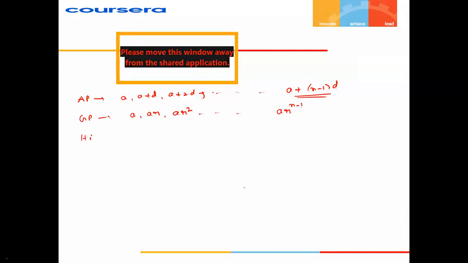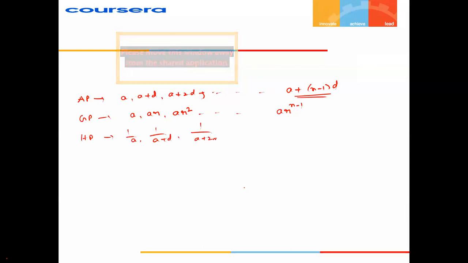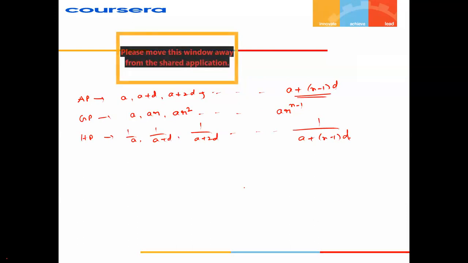Harmonic progression is 1 by A, 1 by A plus D, 1 by A plus 2D, up to 1 by A plus n minus 1 into D. The only thing is, first we need to observe what D and R are accordingly.